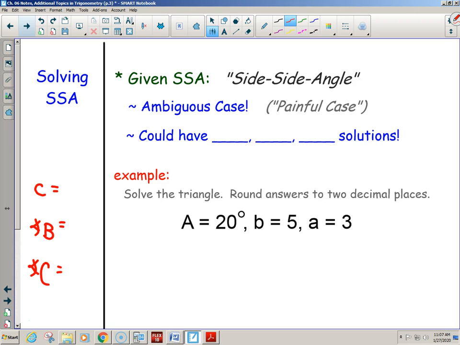Okay. We have a pair. You guys see the pair, right? Let's go ahead and put 3 over sine of 20. We already have that, so then over here we can put equals b over, wait, but we have b. Where's our unknown now?